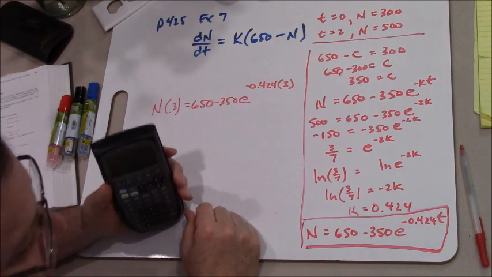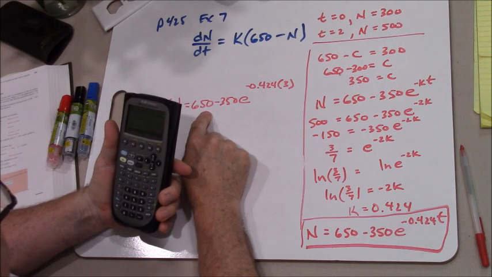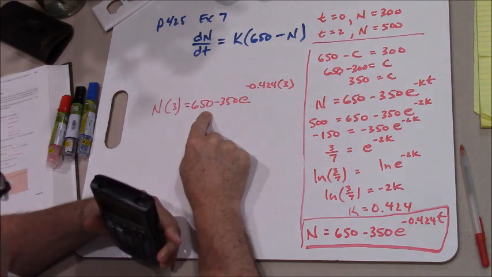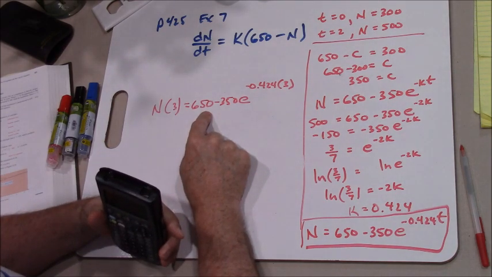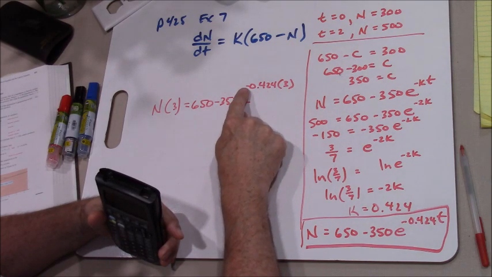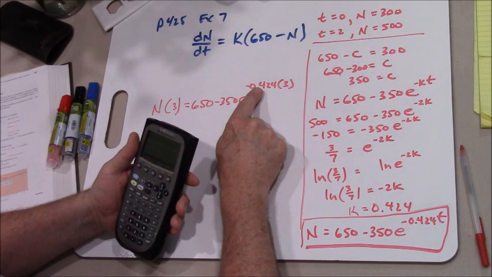Okay, so I had to be careful of one thing. When I put this into the calculator, I got a negative 597.47 coyotes. You can't have a negative number of coyotes. When I did the last answer, I hadn't put that negative sign in, and so that threw it off. So make sure you get that negative sign in there.